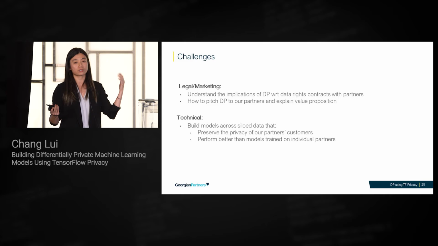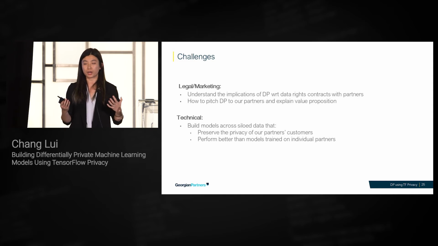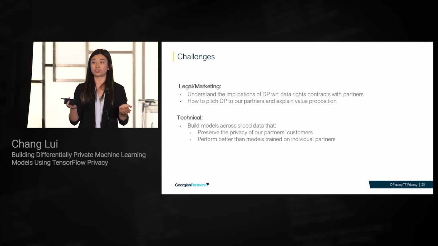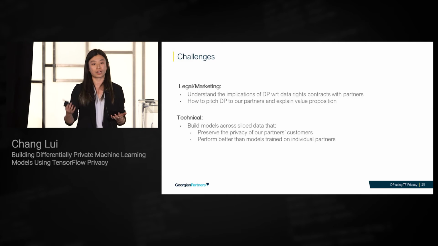So in this particular use case, what we've been able to do is to aggregate differentially private models to really boost the performance. But if you're just applying differential privacy to one specific machine learning model, you can expect the performance to go down. So that also becomes a business decision. Do you want to trade off performance for privacy?